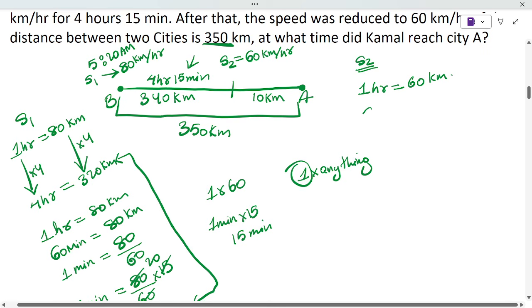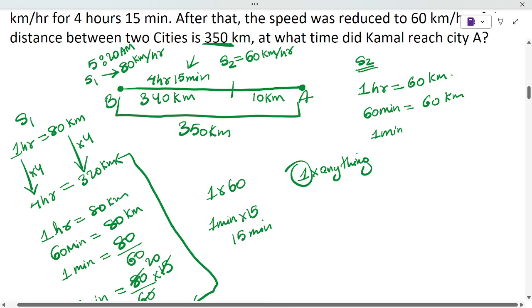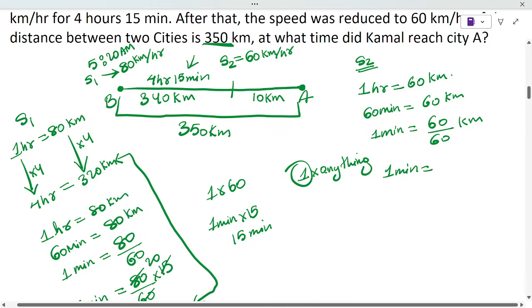We know 1 hour is 60 minutes. So 60 kilometers in 60 minutes, 1 minute will be 60 by 60 kilometer. That means 1 minute is equivalent to 1 kilometer.